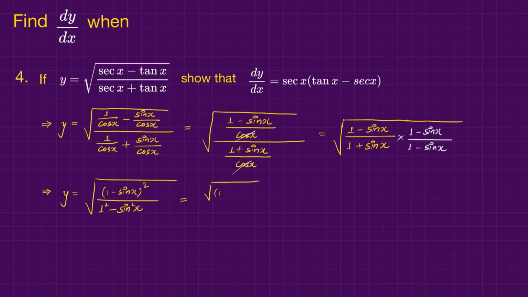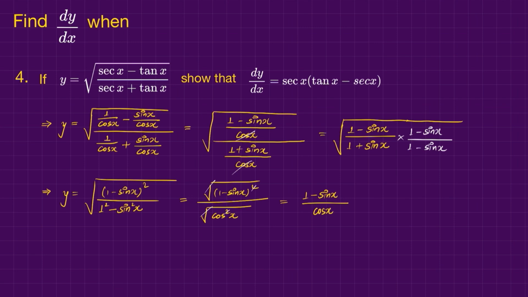I am distributing the square root to both numerator and denominator. In the denominator we have 1 minus sin square x, which can be written as cos square x. If I cancel the square with the square root, then we will have 1 minus sin x by cos x.